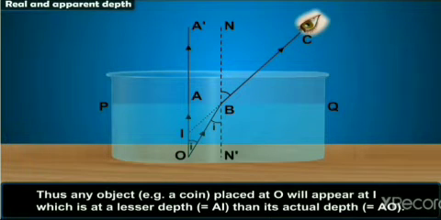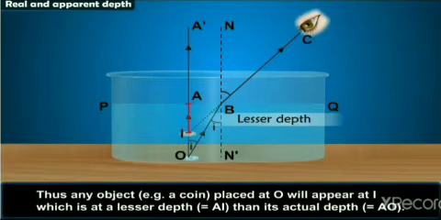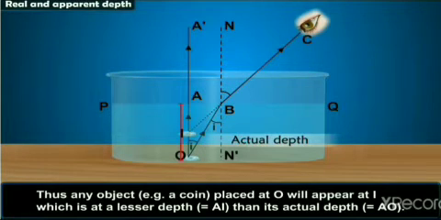Thus, any object, for example a coin, placed at O will appear at I, which is at a lesser depth, that is AI, than its actual depth, which is AO.